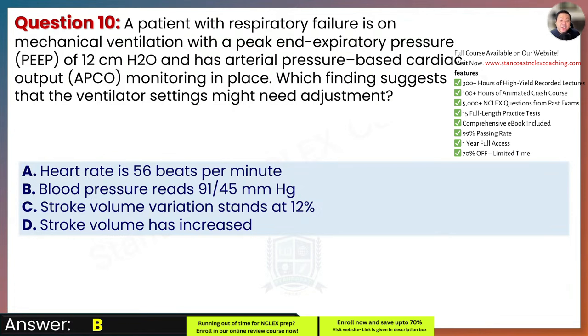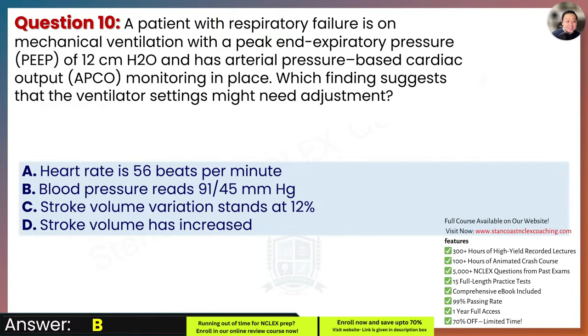If there is way too much PEEP, this can create pressure within the chest cavity, which may impact the cardiovascular system, especially venous blood return to the heart. And that is why B is the answer. This signals hypotension, which is the key finding here. Basically, this is a reflection that there is decreased cardiac output, because again, high PEEP can do that.